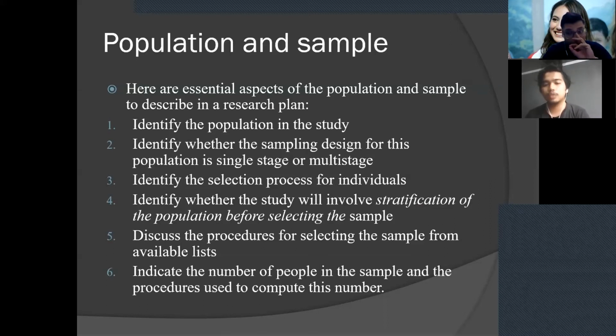Stratification here maybe means a requirement that you set for your population to be your sample. Then discuss the procedure for selecting the sample from the available list, and indicate the number of people in the sample and the procedure used to compute this number.